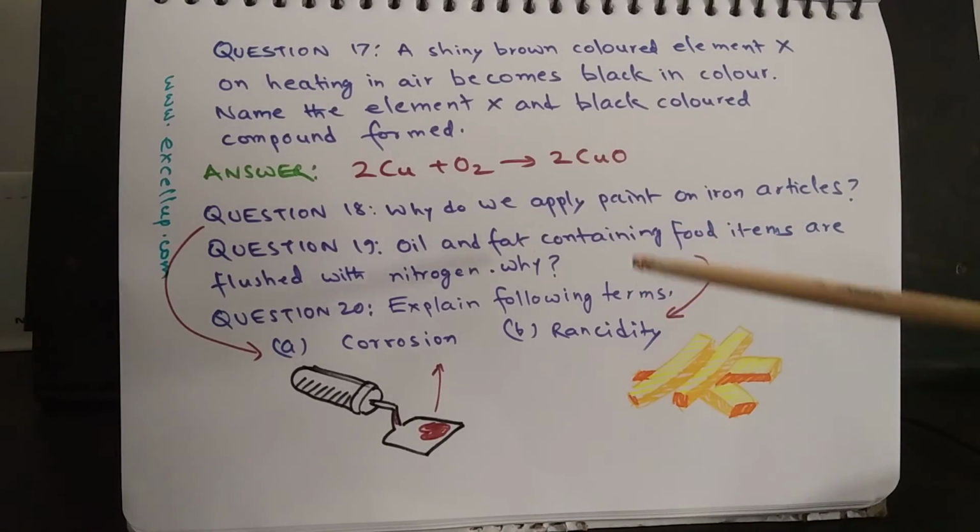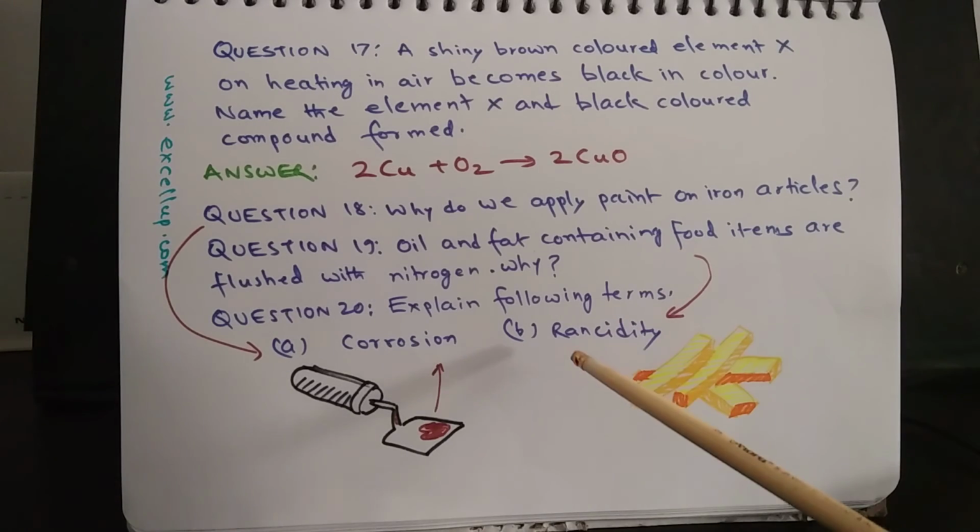Question 19 is, oil and fat containing food items are flushed with nitrogen. Why? And part B of question 20 asks, what is rancidity? So when fried foods contain oil and fat and are exposed to air, the oil or fat in them reacts with oxygen, and oxidation leads to a compound which is bad in taste, or we call it rancid in taste.